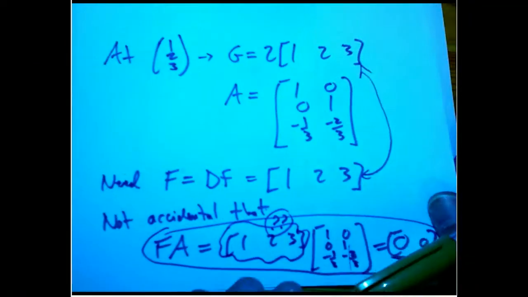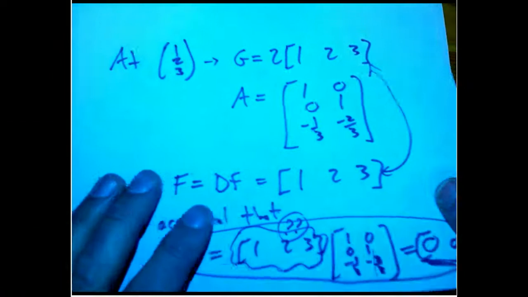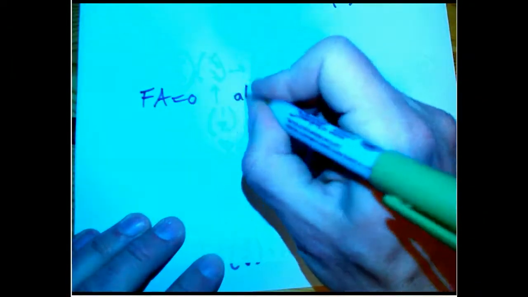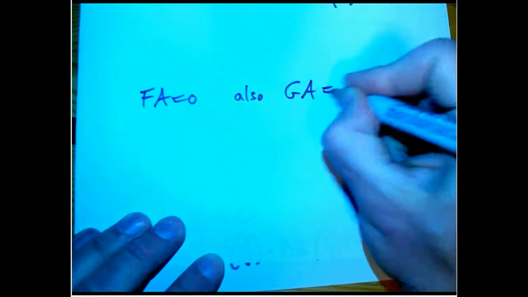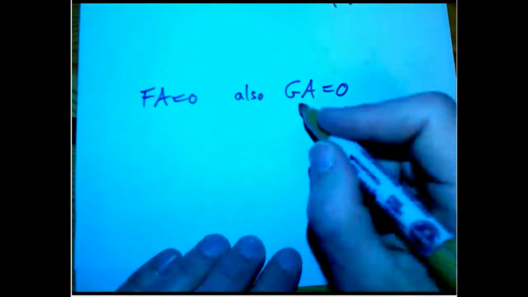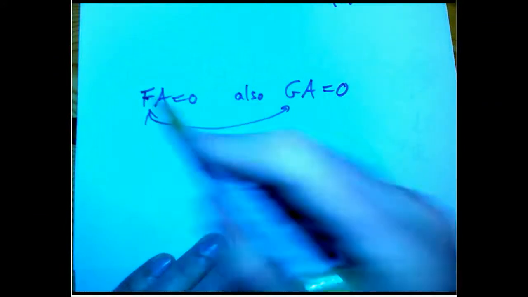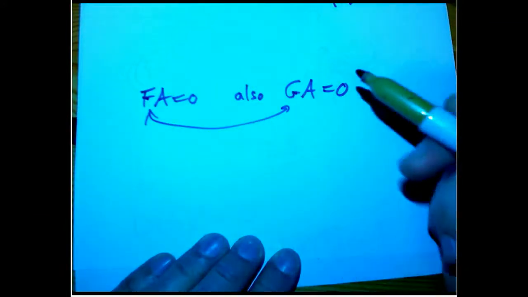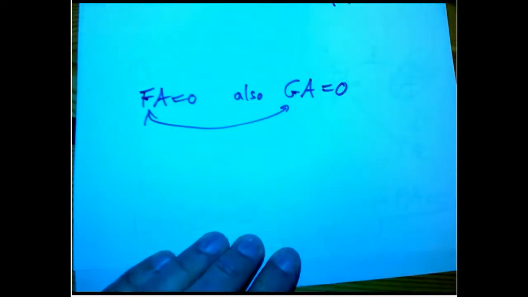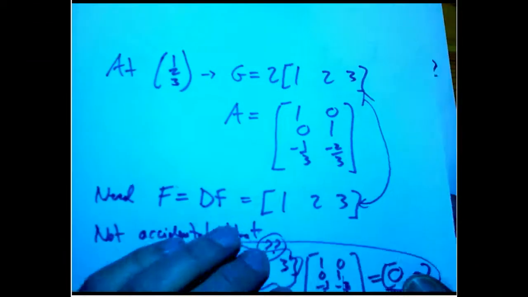But wait a minute, we've seen this before. So we've got, let me turn it upside down, fa equals 0, but we also know that ga equals 0. And that means there's going to be some very nice relationship between the matrix of derivatives of f and the matrix of derivatives of g. What is the relationship? Well, let's look at the dimensions.